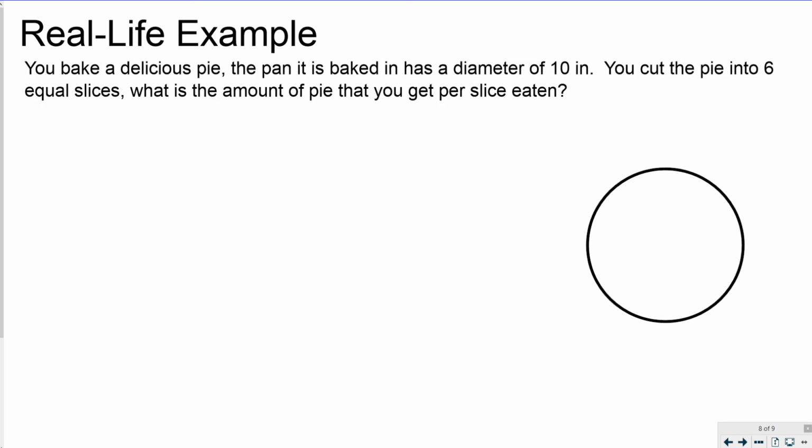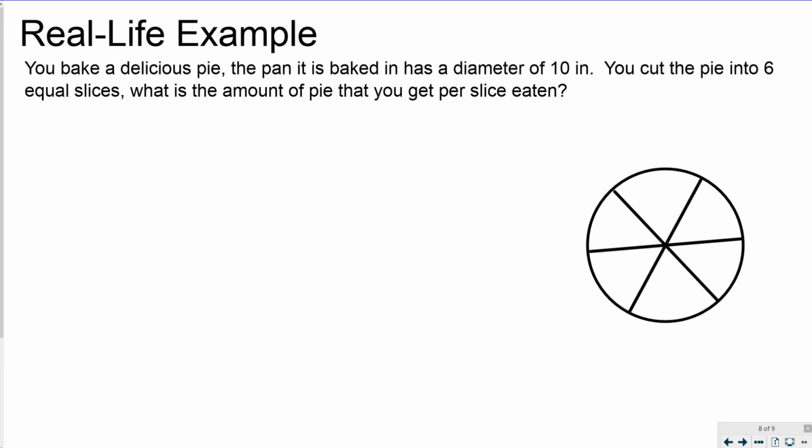And then we're going to cut the pie into 6 equal pieces. There we go. My measurements are a little more equal now.